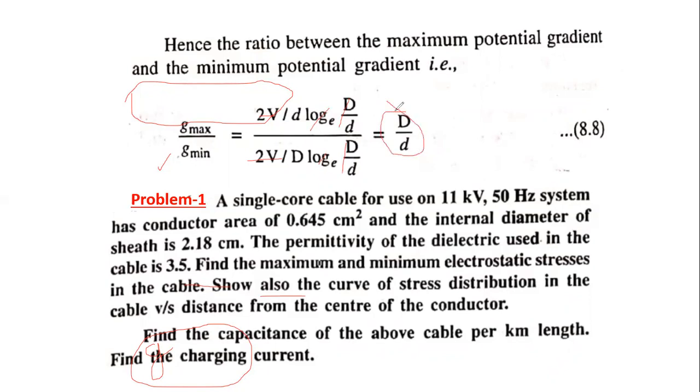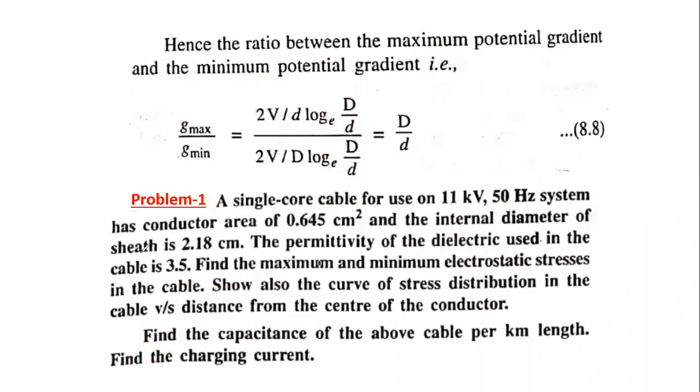Therefore G max by G minimum is equal to capital D by small d, where capital D is the sheath diameter and small d is the core diameter. This is the ratio of maximum electric stress to minimum electric stress.